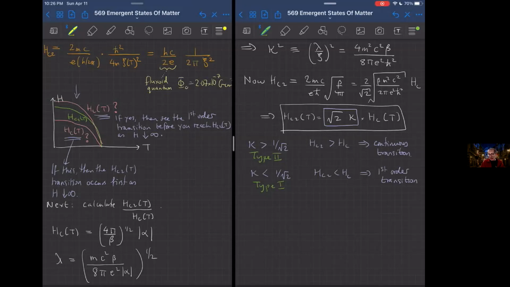So up to now, we had really just said it depends on whether lambda is much larger than xi or xi is much greater than lambda. Now we can be a lot more precise. Now we can see that the actual criterion is 1 over the square root of 2.